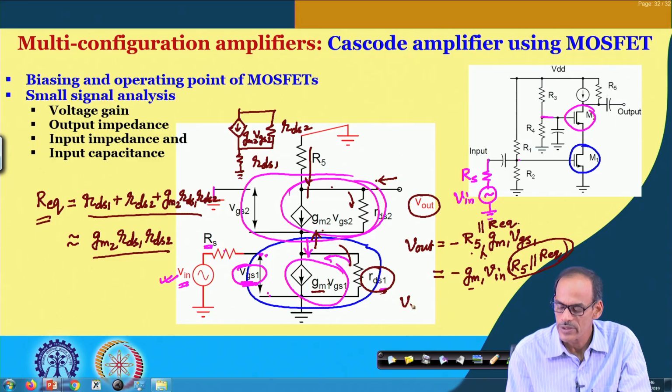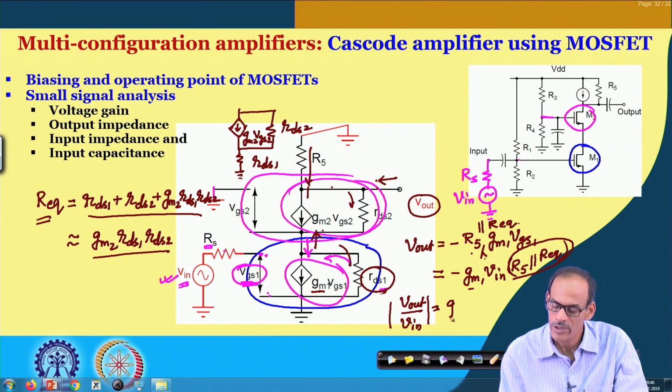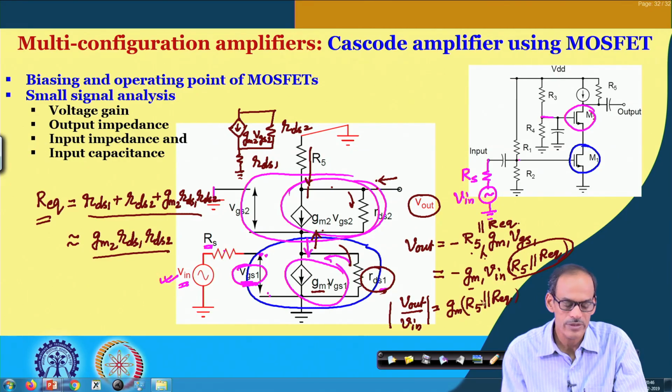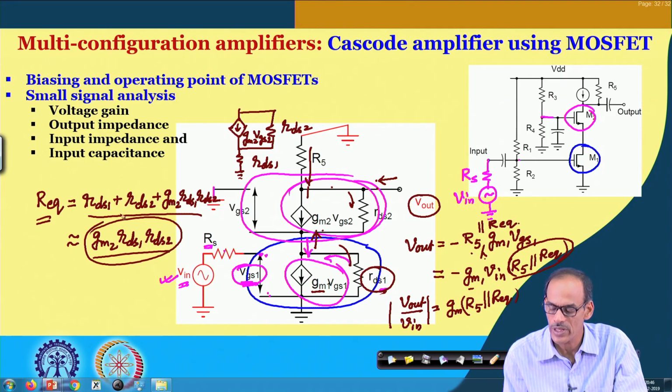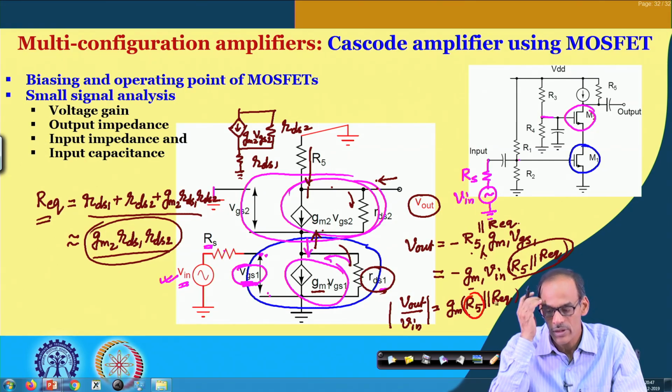So, if I say the voltage gain Vout divided by Vin, and particularly its magnitude, it is gm1 multiplied by RD in parallel with this Requivalent, and this Requivalent is quite large. To get very good gain, what you can do is try to increase this RD also to the same order.